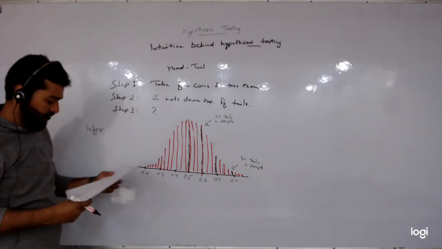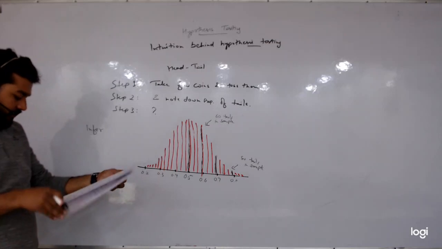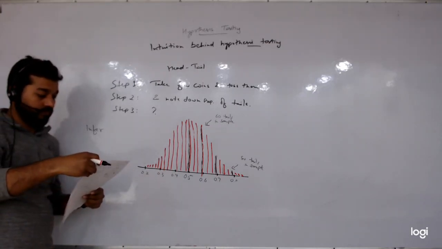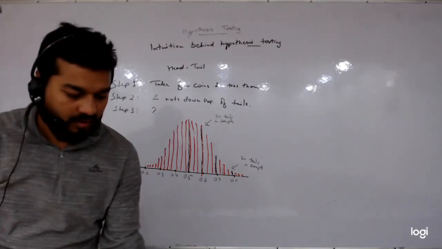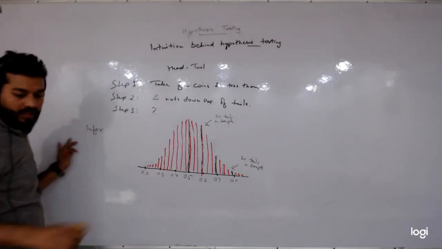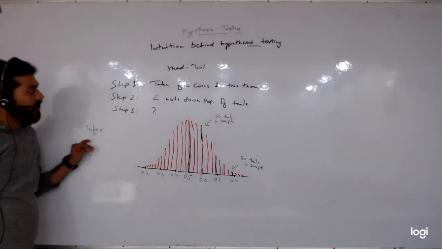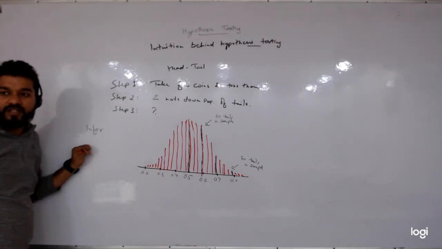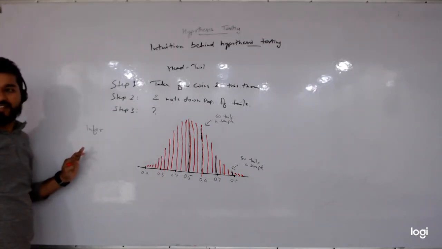Okay, now let's get to terminology. Okay, and this is statistical inference. Nothing is ever proved. We only infer.